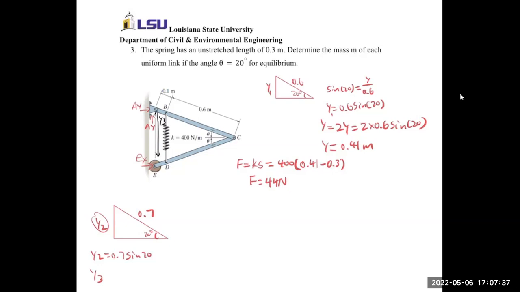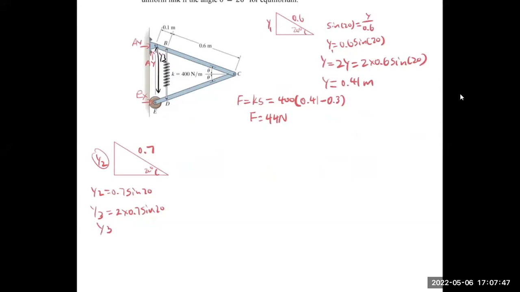Y3 is equal to 2 multiplied by 0.7 sine of 20. I get Y3 will be equal to, using the calculator, 0.48.